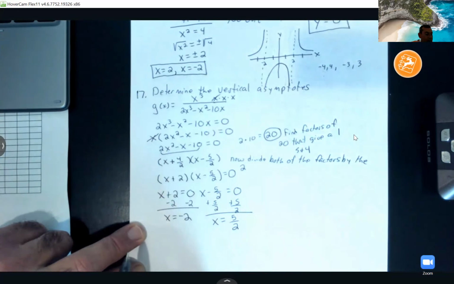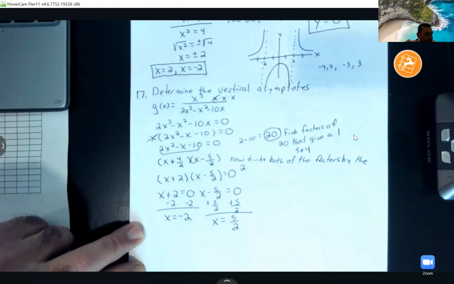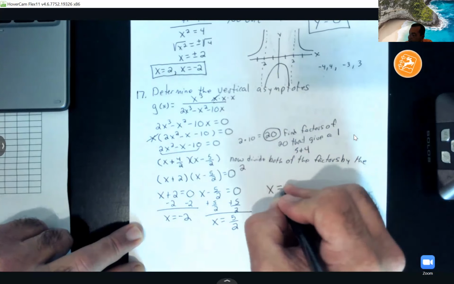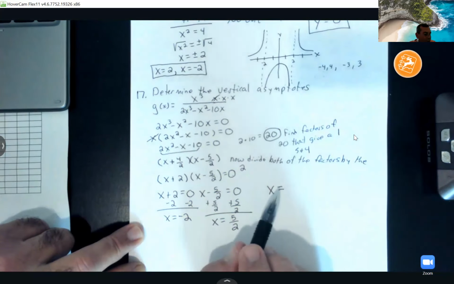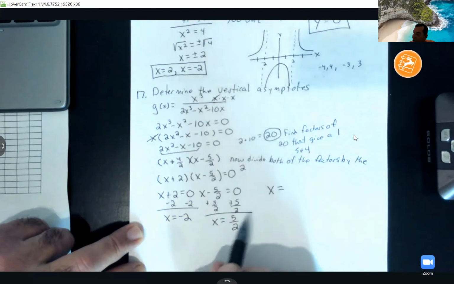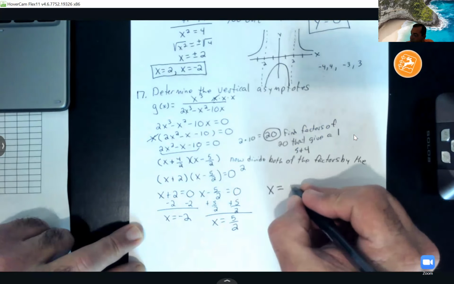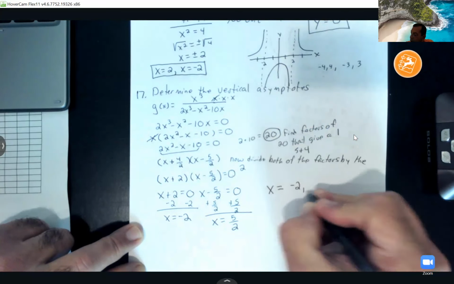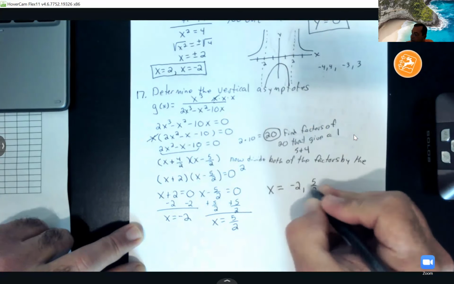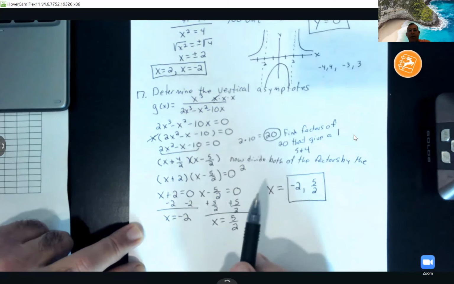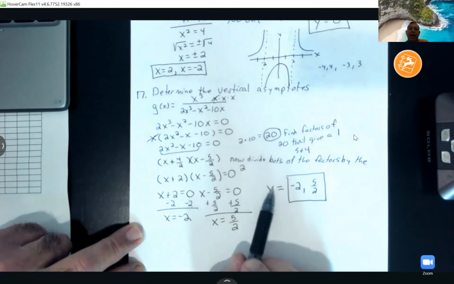So let's see. Now be careful on this one. This one already has the x equals. All we're going to do is put in our 2 numbers and separate that with a comma. So you would put in your -2, comma, 5/2. And be done. So y'all, you got to look at the answer blanks.